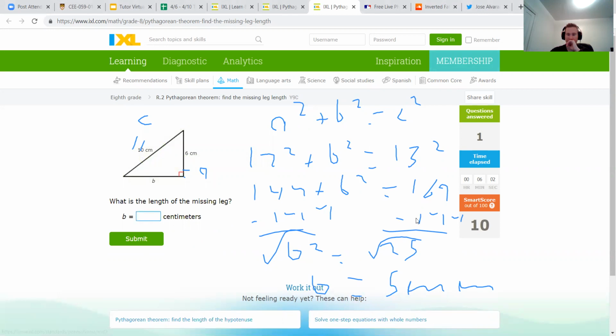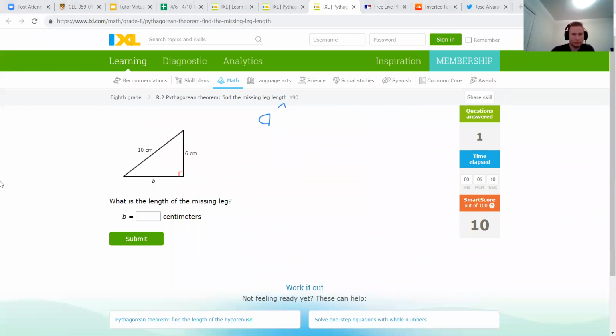All right, and this will be the last example that we'll do. Again, we're given the hypotenuse, opposite the right angle and the diagonal side. That's 10, and we're missing B, so this other leg must be A. So plug them in.